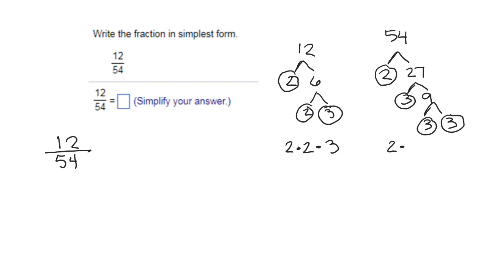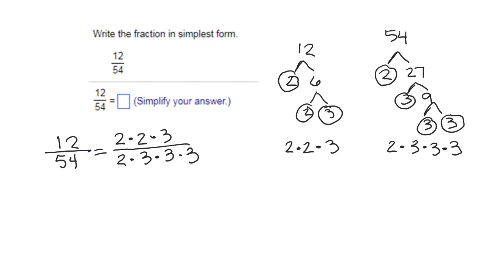I'm just going to write all these out instead of using the exponents. So these are the prime factorizations. 12 is 2 times 2 times 3, and 54 is 2 times 3 times 3 times 3.